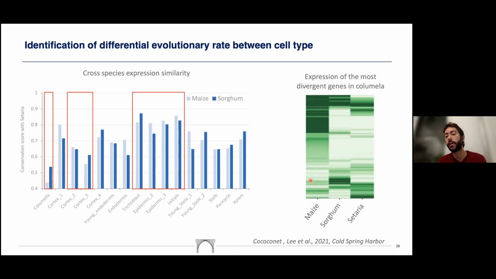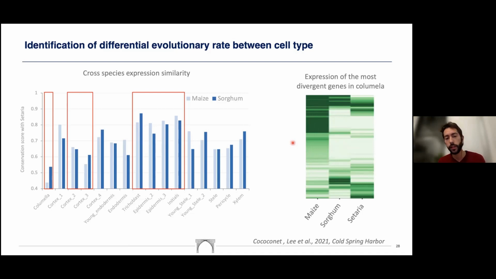So here each line is a gene, you have hundreds of them. And these genes are very poorly expressed in sorghum columella or in Setaria columella. And when we look at GO terms in these genes, we found a lot of mannosyltransferase, polysaccharide biosynthesis, and lots of genes involved in mucilage biosynthesis or mucilage production.